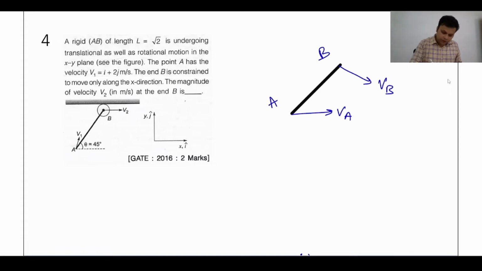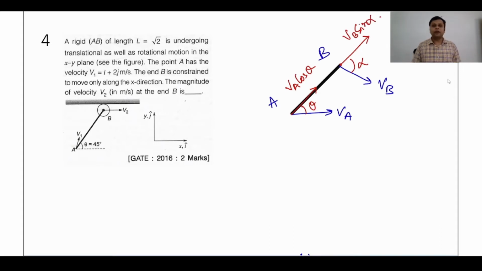The concept that needs to be applied here is that though they have different velocities, the velocity along the rod, if I say this angle is theta, is VA cos theta, and if I say this angle is alpha, this is VB sin alpha.